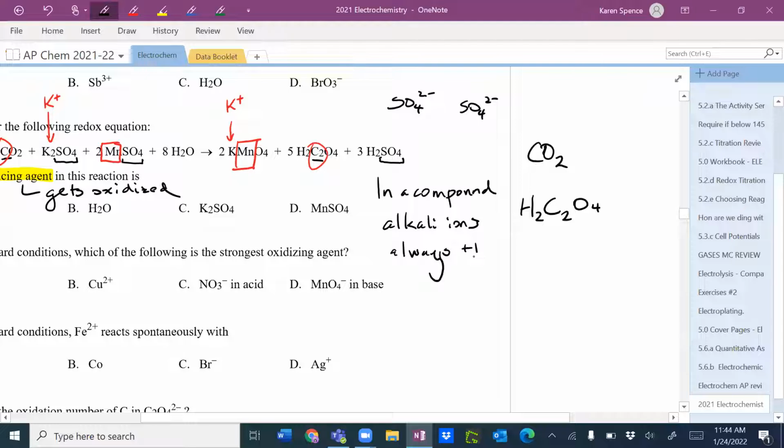The only time they change oxidation state is when they go from in a compound, so KCl, to being not in a compound, being an element, K solid plus Cl2 gas.